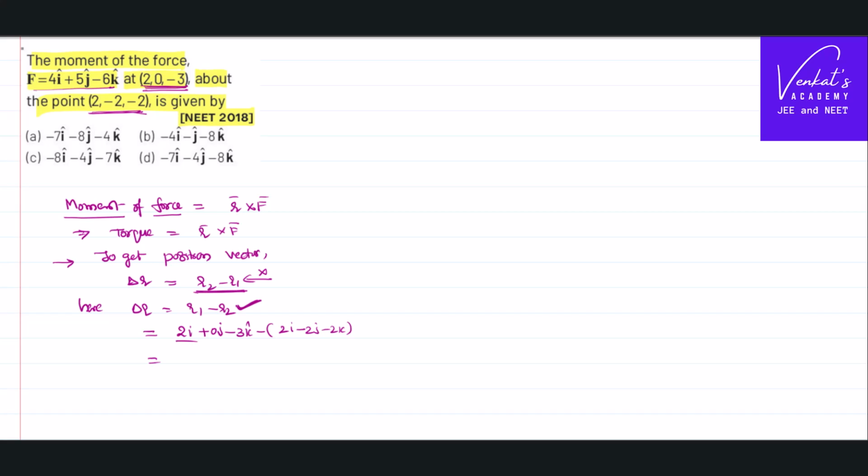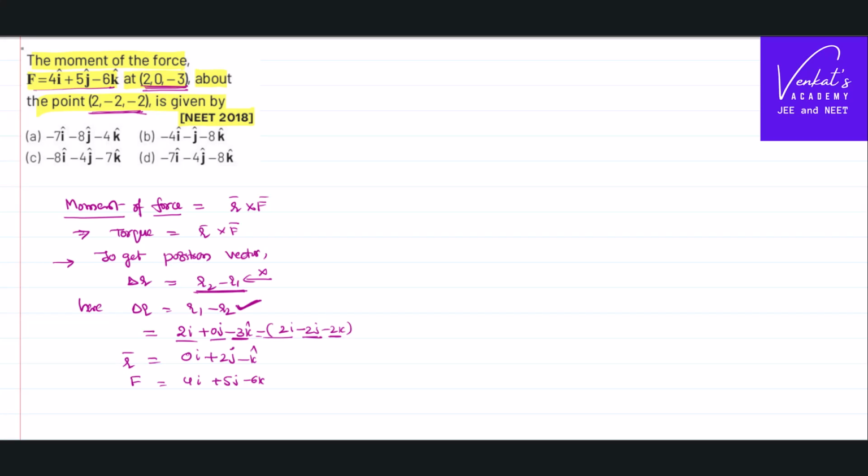When I simplify, 2i minus 2i is 0i cap, 0j minus of minus 2j is plus 2j, minus 3k minus of minus 2k, that is minus k. That is the position vector that we have. We have the force vector given as 4i plus 5j minus 6k, and we have the position vector. Thus we can find the cross product.